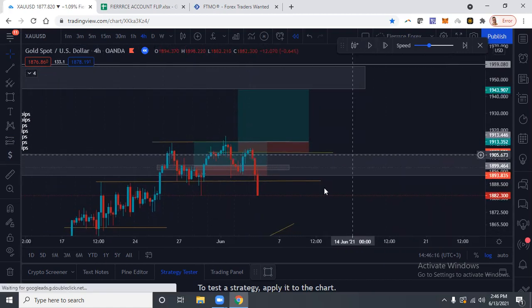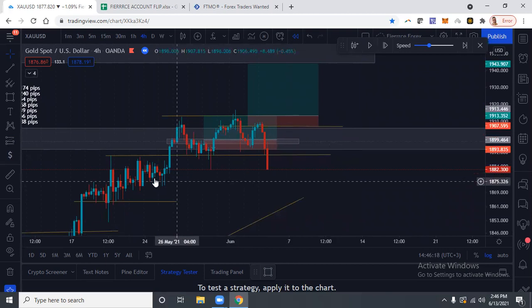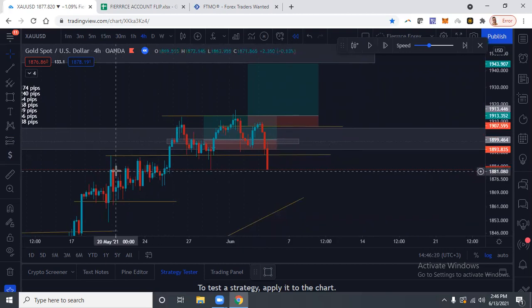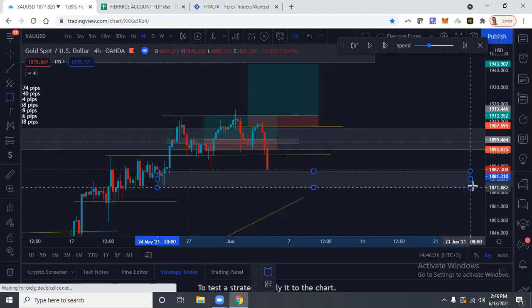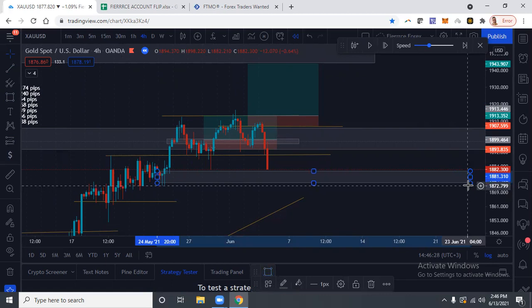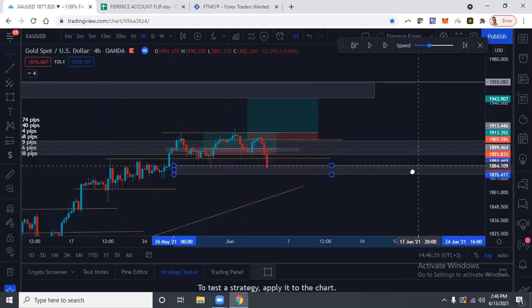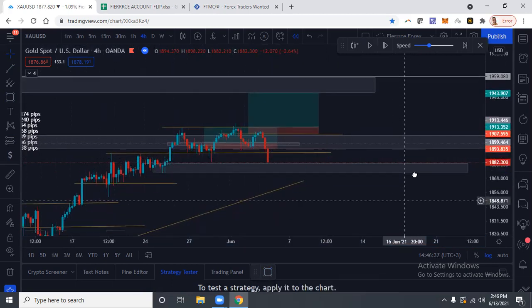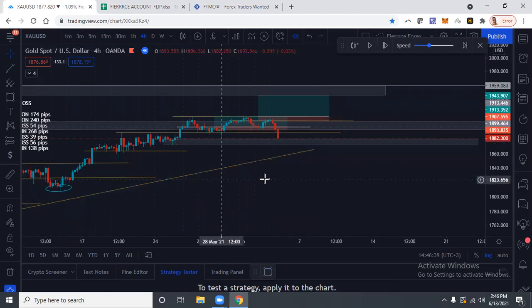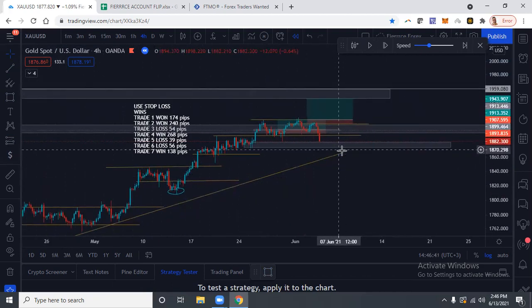So the trend has clearly changed, kind of. Another key level is here, so I'm just going to mark this out right there. I want to see what happens there. If you notice, guys, I hope you're following, we are still on an uptrend and we are still respecting structure.